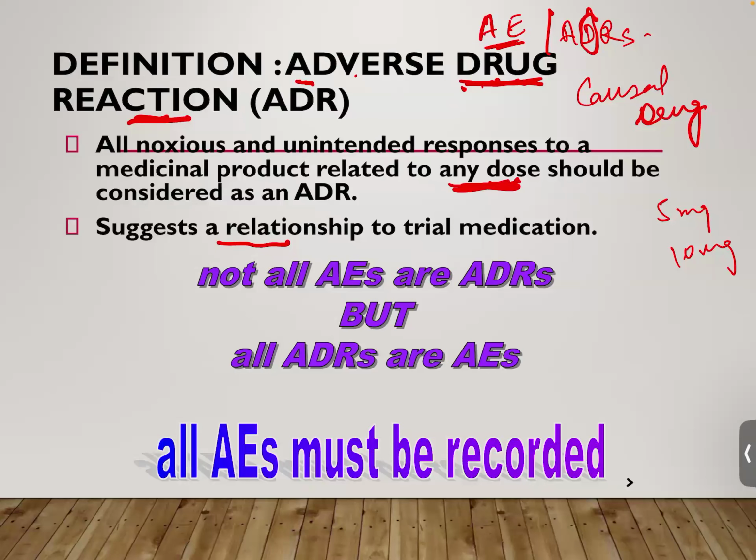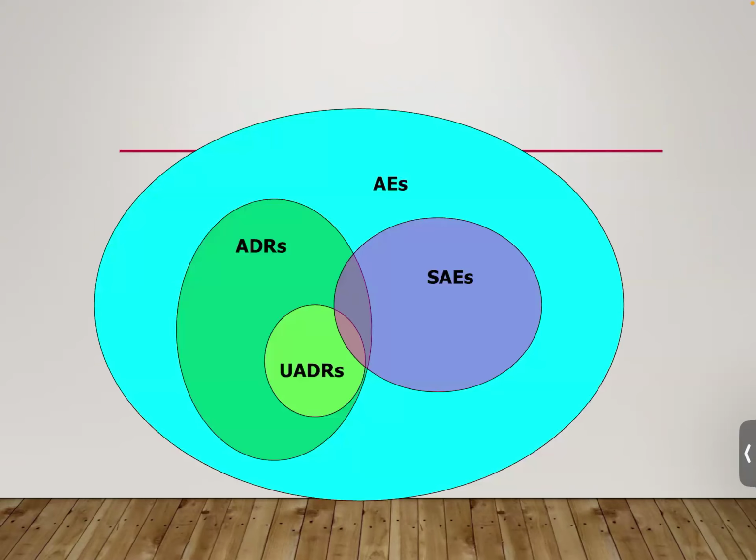That means it's a serious thing. Now, not all AEs are ADRs, but all ADRs are AEs. I will explain to you. AEs must be recorded, even small or big, every AE should be recorded. This is the one diagram that you can memorize.